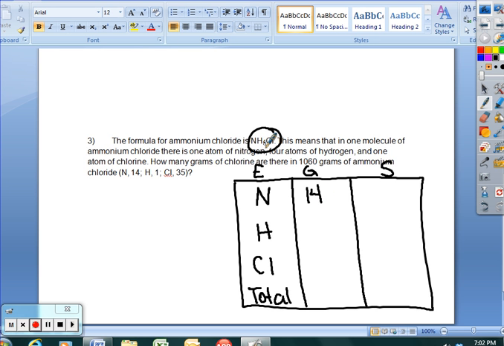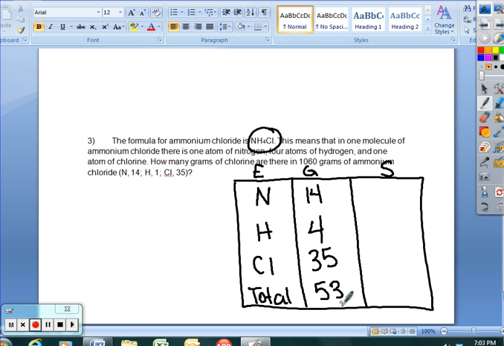There are 4 hydrogen atoms. Each hydrogen has a mass of 1, so the total mass of hydrogen is 4. There's 1 chlorine atom, and the mass of each chlorine atom is 35. So 35 is the weight in grams for chlorine. If we add these up, our total comes to 53 grams. That is for 1 molecule of ammonium chloride.